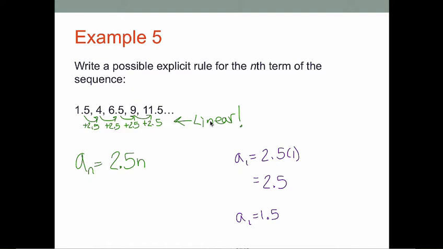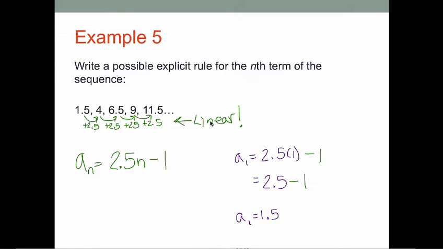With a little bit of trial and error, you'd figure out that we need to subtract 1. So that means over here, I need to have a 2.5 minus 1.